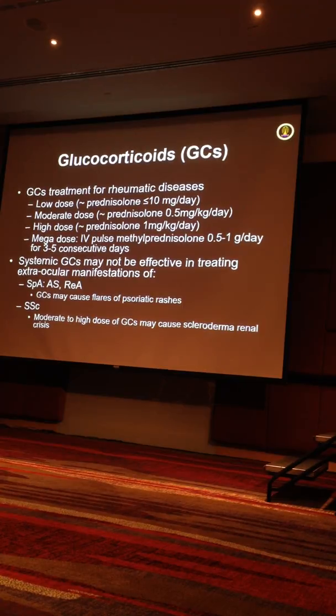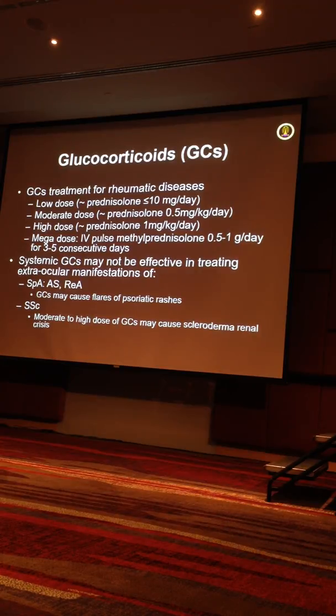But for the genomic pathway, it has to be engaged to the glucocorticoid receptor and then inhibit the pro-inflammatory cytokine gene transcription, so it may take about weeks to work. So when you use the lower dose of glucocorticoid, from low dose, moderate dose, or high dose, it will act later than the mega dose.